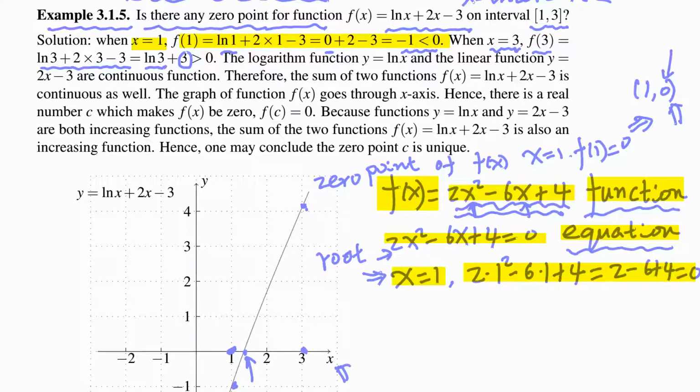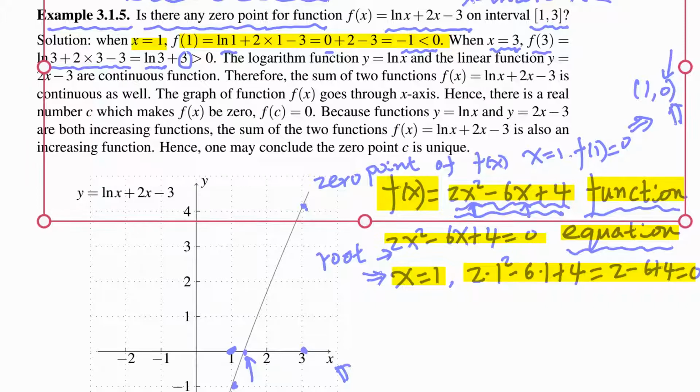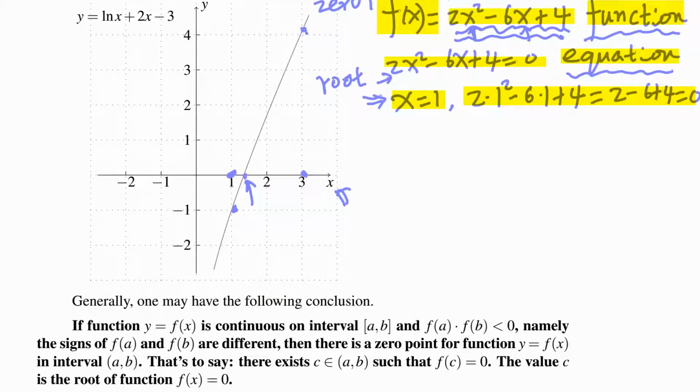Okay. So what's the general statement? The general statement says that for a function y equals f of x, if it is continuous, meaning no gaps, no jumps, on interval [a, b], and the product of f of a times f of b is less than 0.